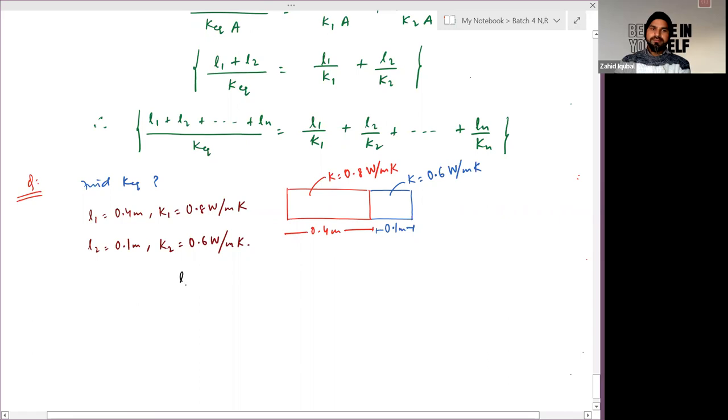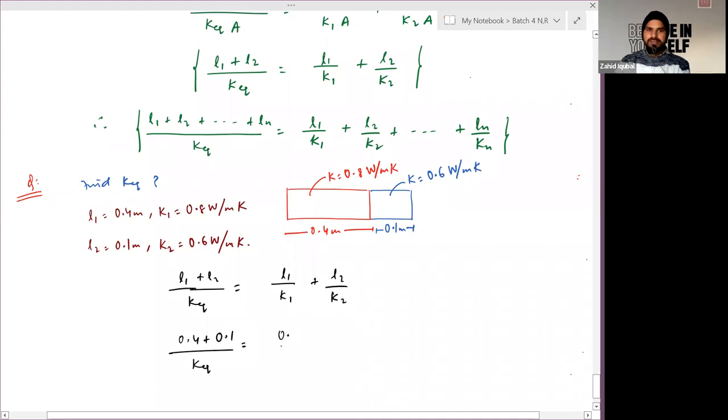According to the formula, L1 plus L2 divided by K equivalent, since we have two rods connected in series, equals L1 divided by K1 plus L2 divided by K2. L1 is 0.4, L2 is 0.1, divided by K equivalent, which we have to calculate.